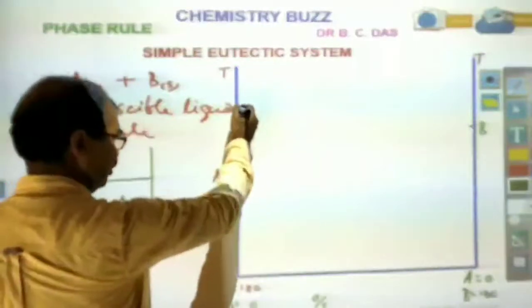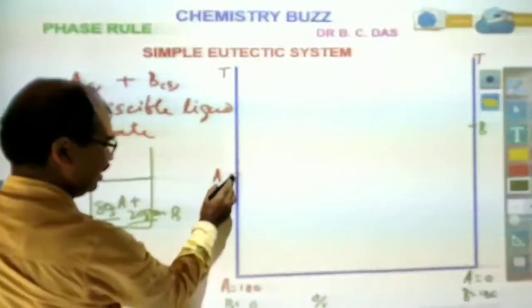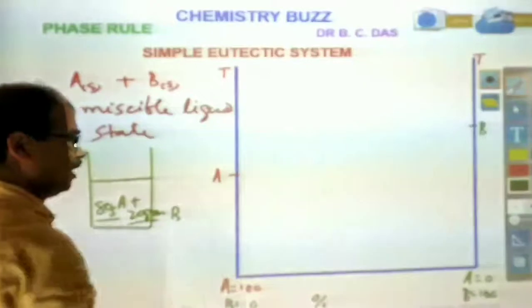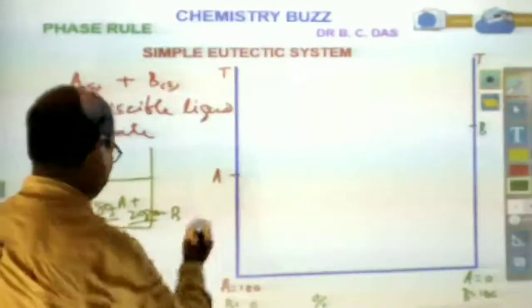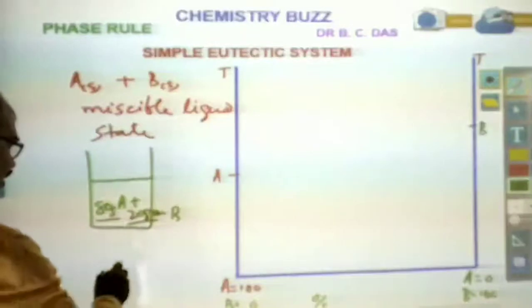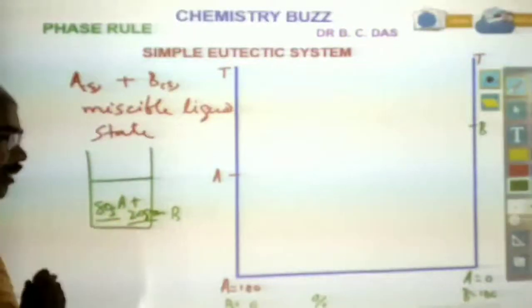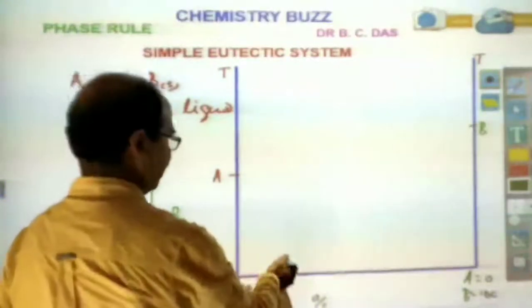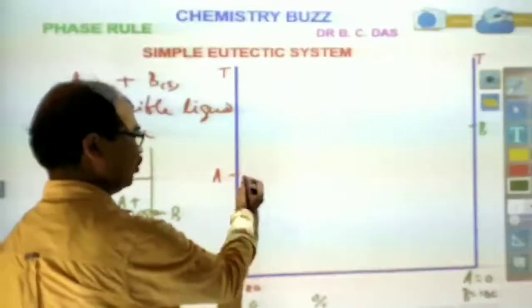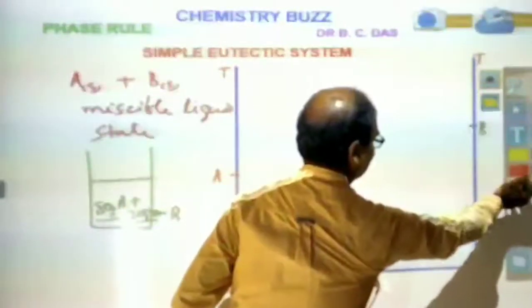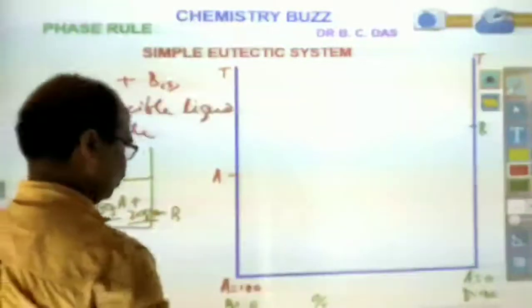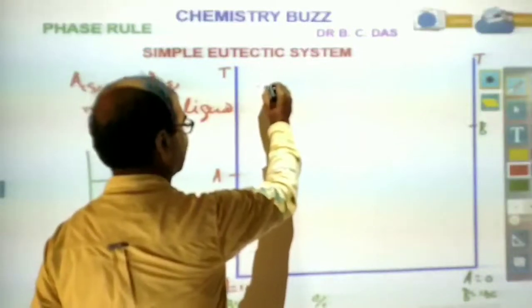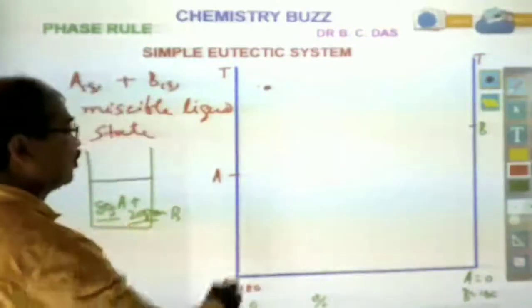Then when the liquid is cooled, it will reach solid A. So this is the freezing point of A and also the melting point of A. In the mixture we have taken 80 gram of A and 20 gram of B, and it is heated to a very high temperature, above the melting point of A and above the melting point of B, say somewhere here.